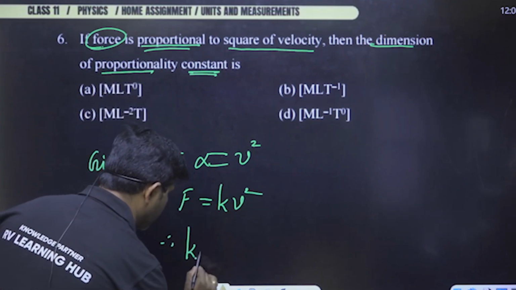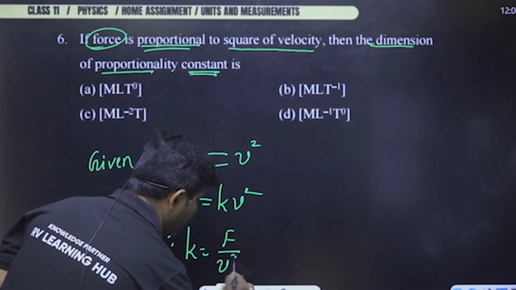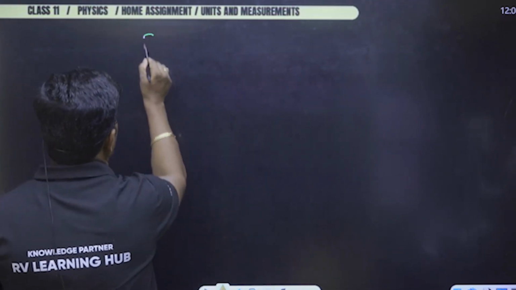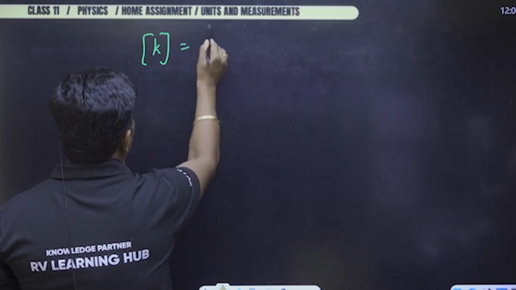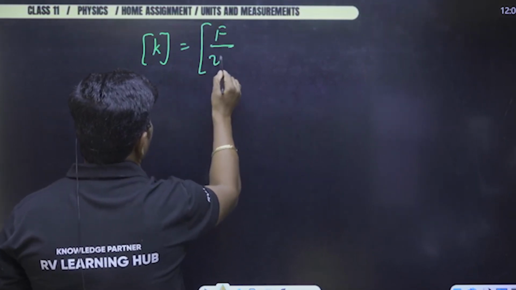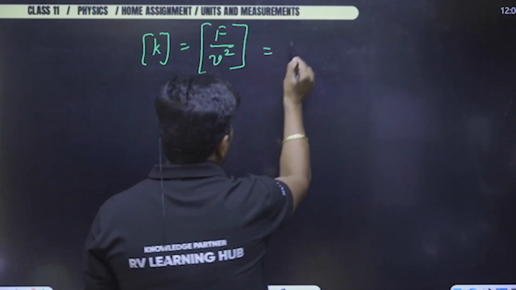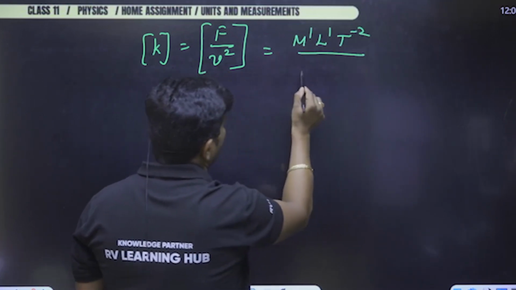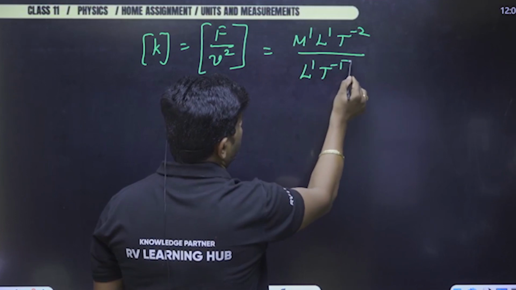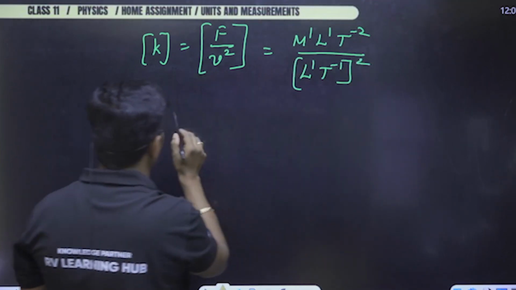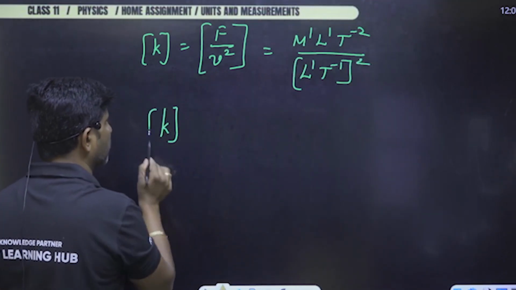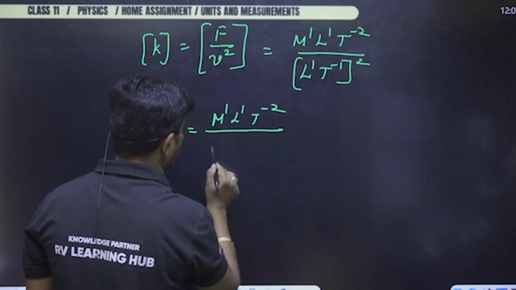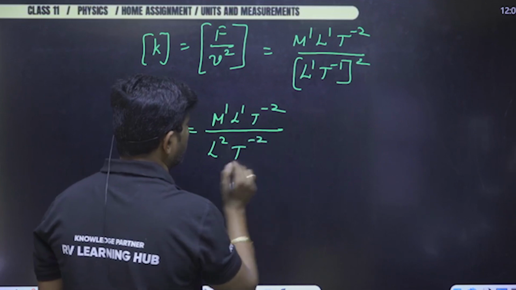Therefore K is equal to F divided by V square. So the dimensions of K equal dimensions of force divided by V square. Dimension of force is M power 1, L power 1, T power minus 2. V square is L power 1, T power minus 1 whole square, you have to do. Therefore, please think about this: M power 1, L power 1, T power minus 2 divided by L power 2, T power minus 2.